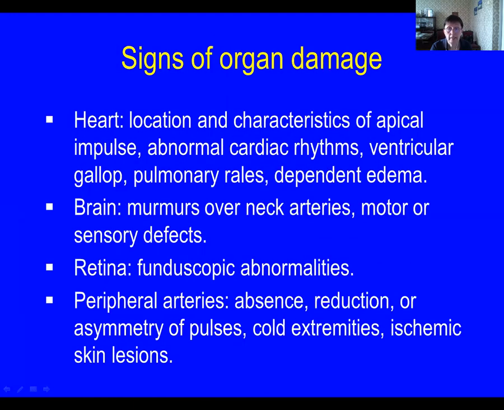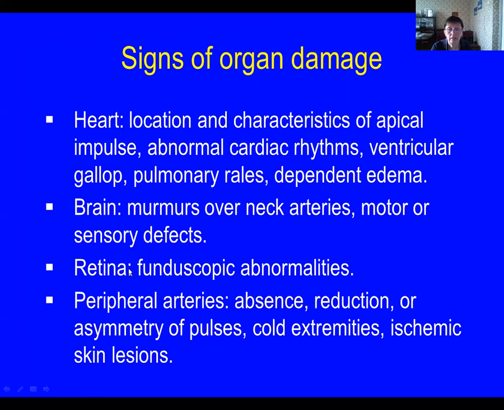What may be the signs of organ damage? As for the heart, it may be a shift of the apical impulse to the left due to left ventricular hypertrophy. It may be arrhythmias. It may be ventricular gallop, pulmonary rales, and edema in case of heart failure. As for the brain, we can hear murmurs or bruits over the neck arteries if they are narrowed by atherosclerosis.